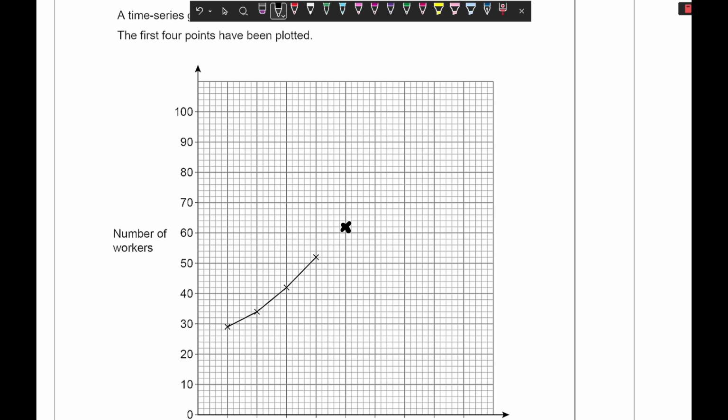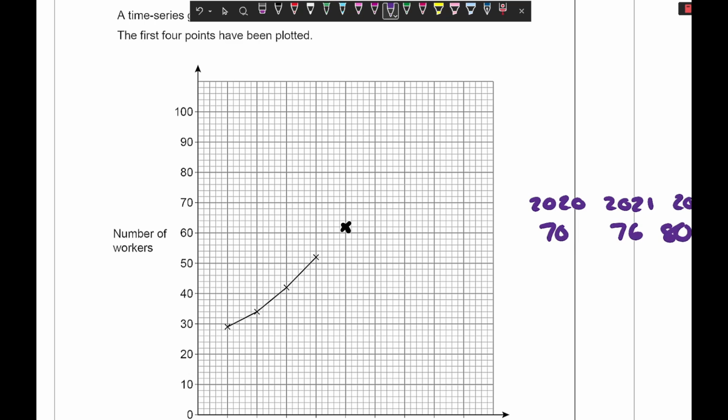Then the next one is at 70, so 2020. So for 2020, 2021 and 2022, from the table it is 70, 76 and 80. So I just need to plot those points.